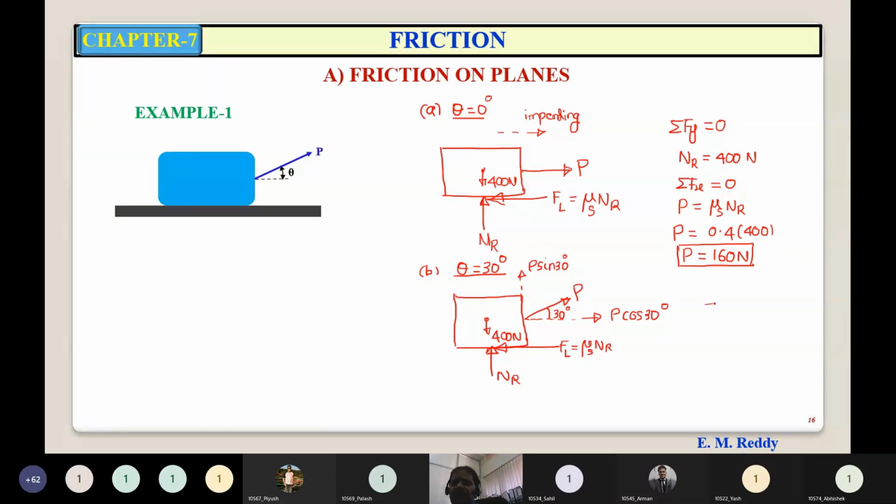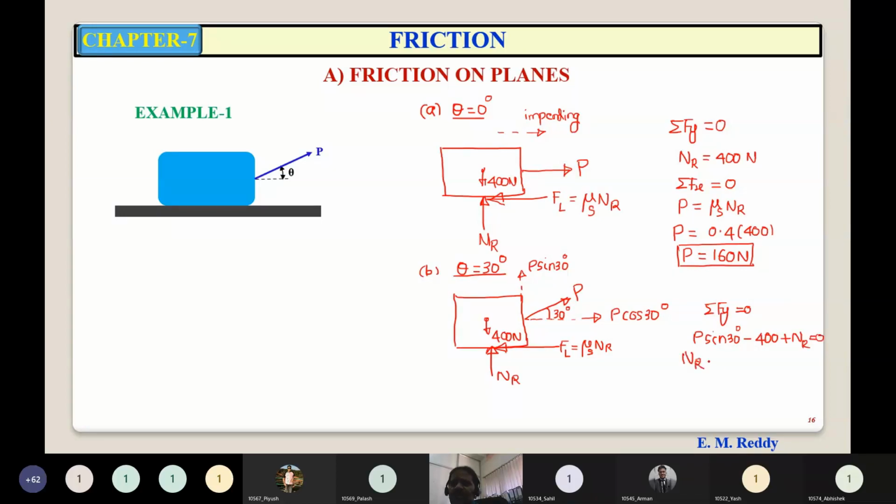So for equilibrium, we can write summation Fy is equal to 0. So we have P sin 30, which is acting upwards, minus 400 plus NR is equal to 0.